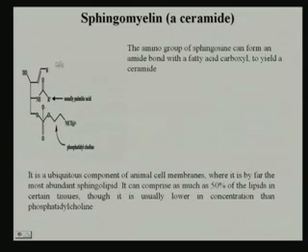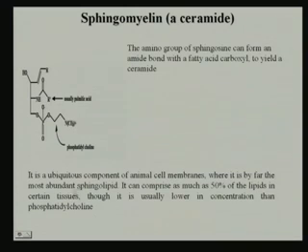Now coming to sphingomyelin, it is a ceramide. The amino group of sphingosine can form an amide bond with the fatty acid carboxyl group to yield a ceramide. So here, this is the bonding, which is this ceramide. This is the amino group which is getting bonded.